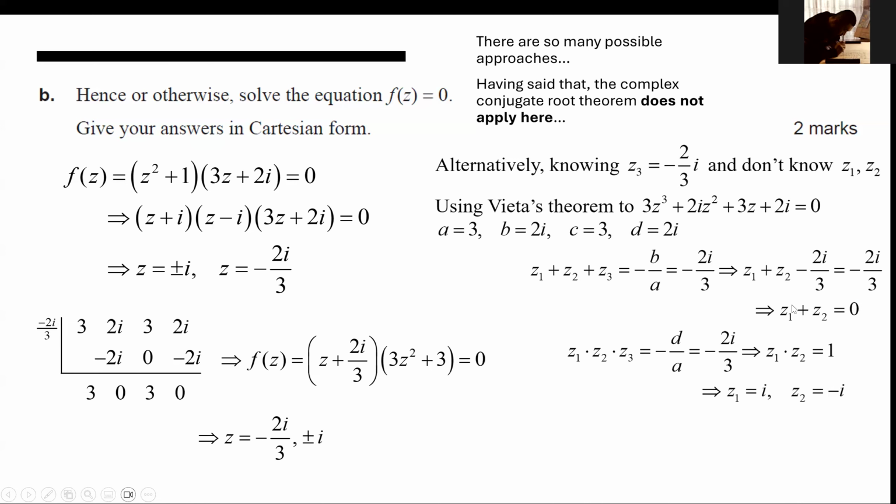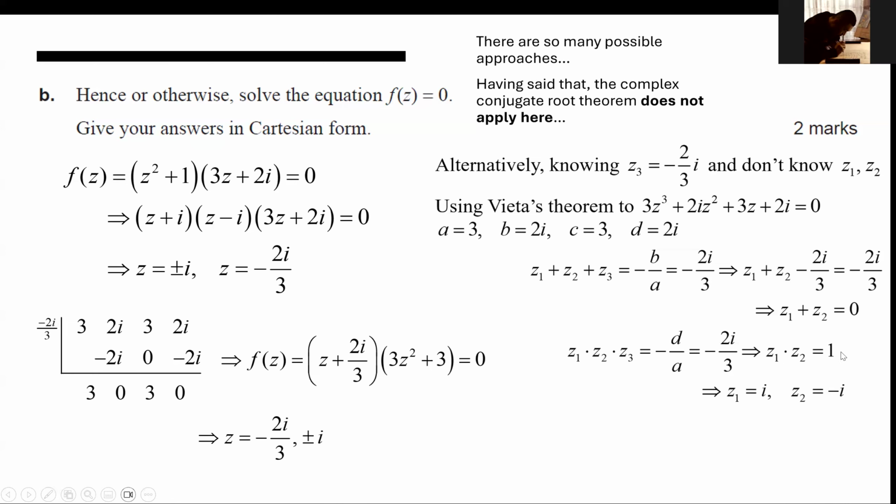Therefore, you can sub that in and get the relation between z1 and z2: if they add up, it's equal to 0. Also, the product of the three roots will be minus D divided by A, which is minus 2i over 3 as well. So if you sub in minus 2i over 3 as z3, you will be able to get z1 times z2 equals 1.